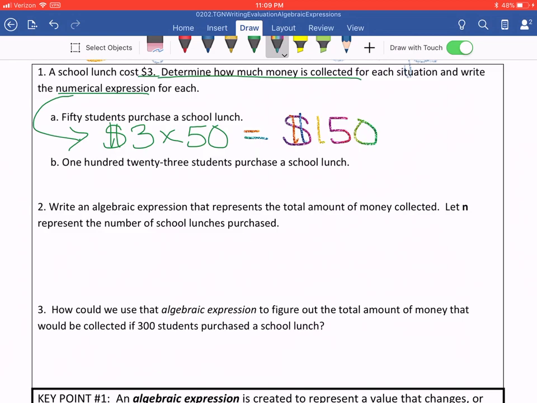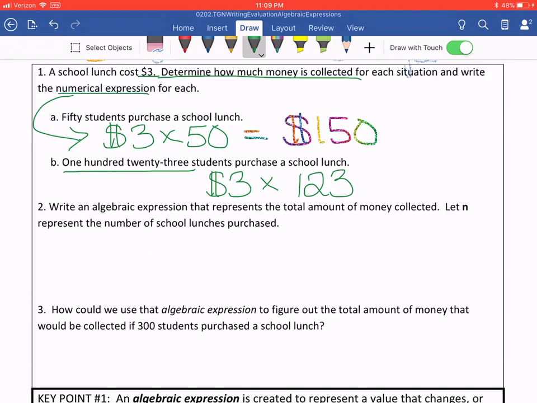Let's take a look at the next one. 123 students purchase a school lunch. The price of the school lunch is not changing, so I'm going to keep my $3 exactly the same. But this time I'm going to multiply it by my 123 students that are purchasing a school lunch.